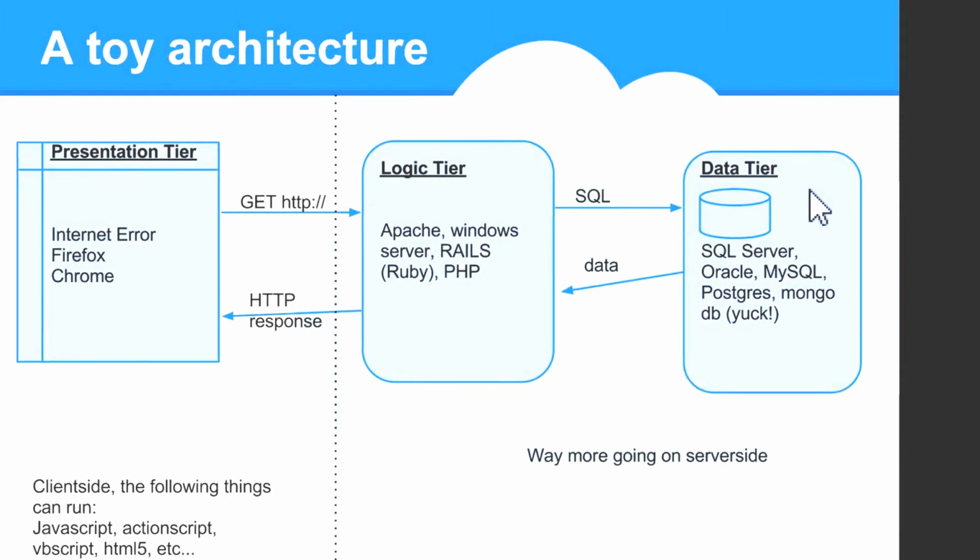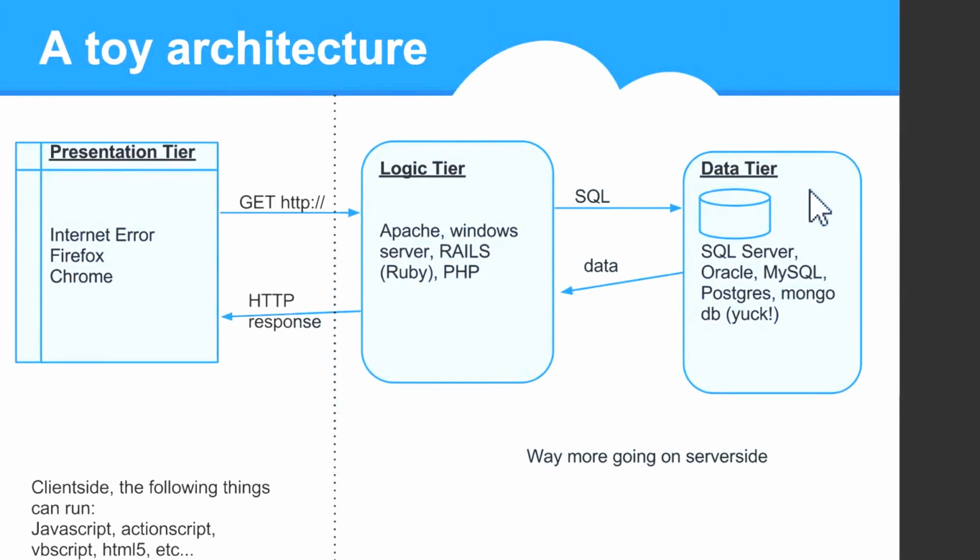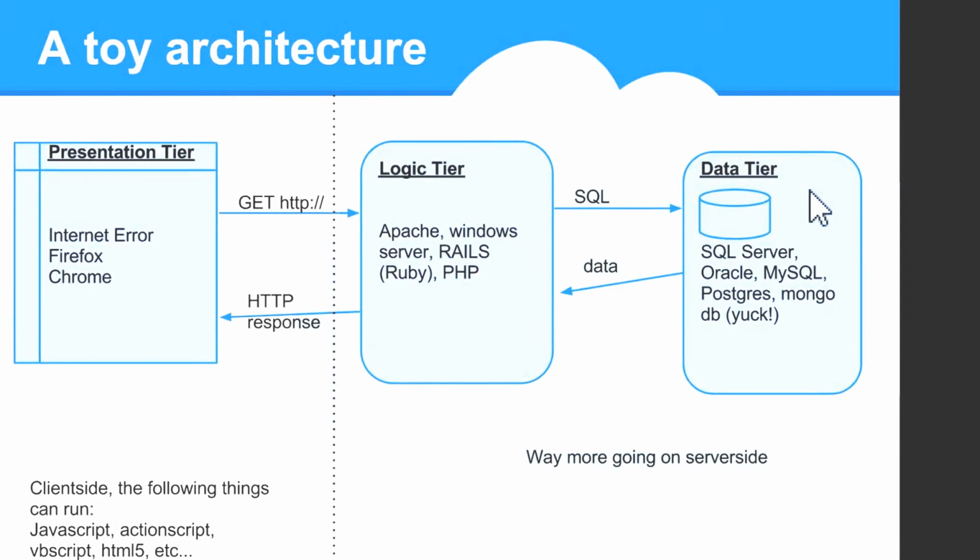You can have JavaScript running, ActionScript, VBScript. HTML5 allows some scripting capability, and that has been demonstrated in some recent exploits. Once you type in a URL and the DNS resolves it, which can be another vector for attack, but let's ignore that for now, you send the GET request, and that makes it over the internet to the server.